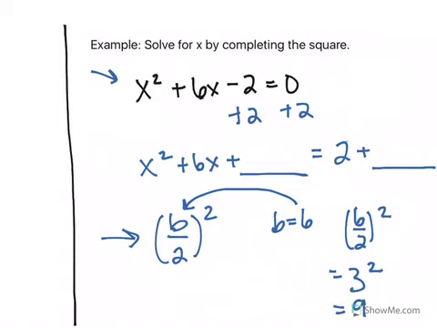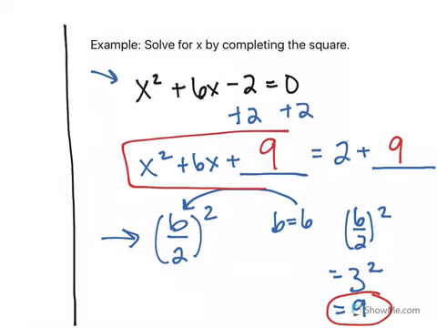That equals 9. So into these two blanks right here, I'm going to write 9. This creates a perfect square trinomial on the left.